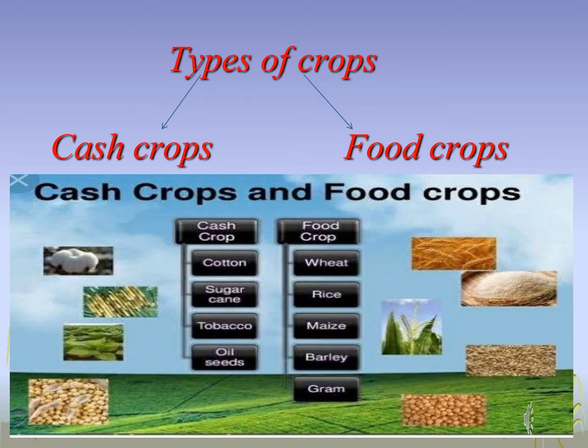That means they are not for the purpose of eating, but for industrial use or for selling. So they are cotton, sugarcane, tobacco, oilseeds, etc.